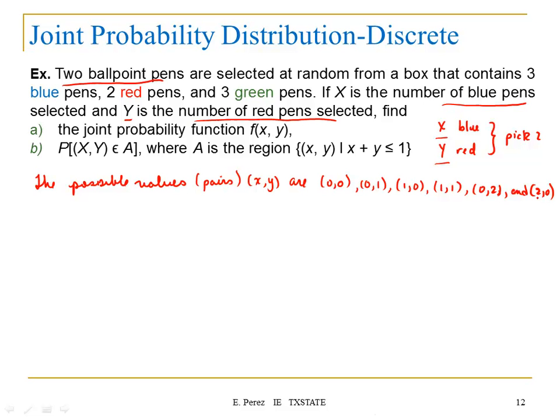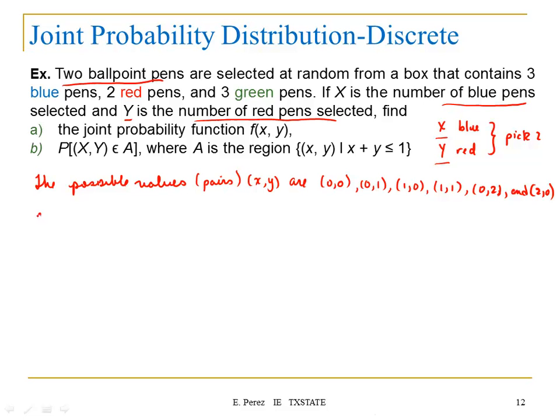You can have 1 blue, 0 red; 1 blue, 1 red; 0 blue, 2 red; and 2 blue and 0 red. Those are the only outcomes that you can have in this experiment. Okay, and that is based on your random variables. Again, you have 2 random variables, X and Y. Is that clear? Okay. And also, we are basing our experiment on selecting 2 from the group.